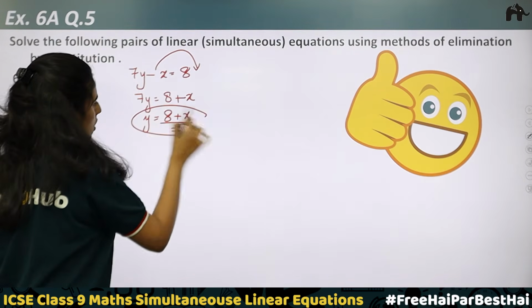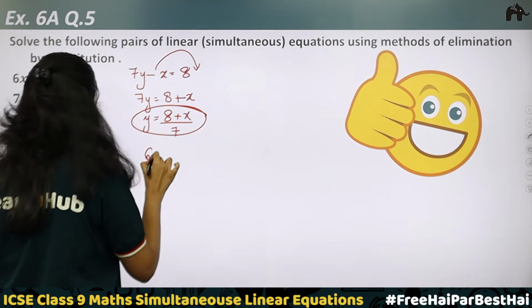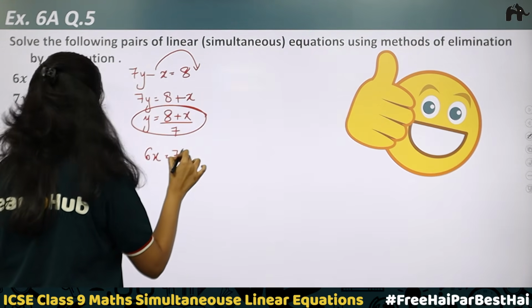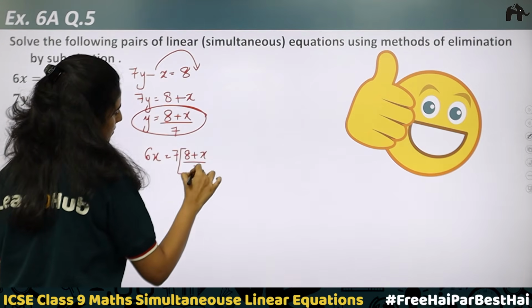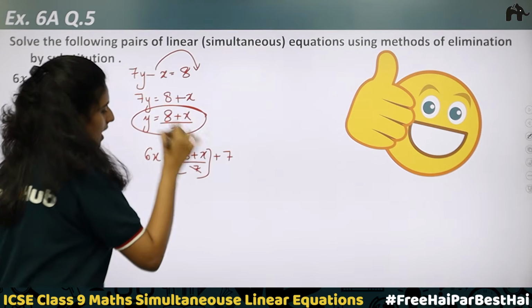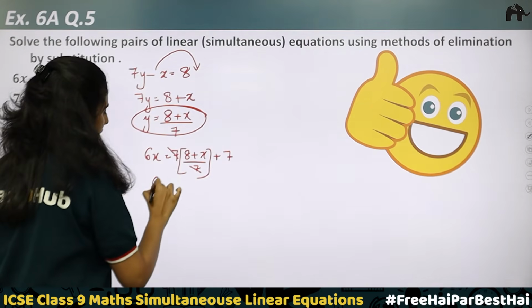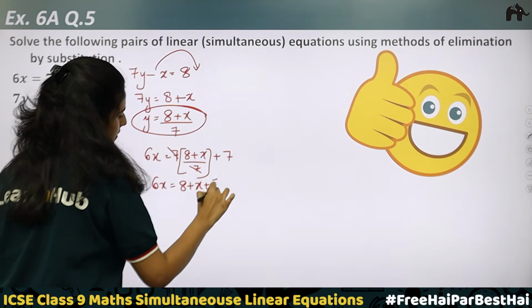So this value of y we are going to substitute in the first equation. 6x is equal to 7 into y, that is (8 plus x) by 7, plus 7. The 7's can be cancelled. Okay, then we have 6x is equal to 8 plus x plus 7.